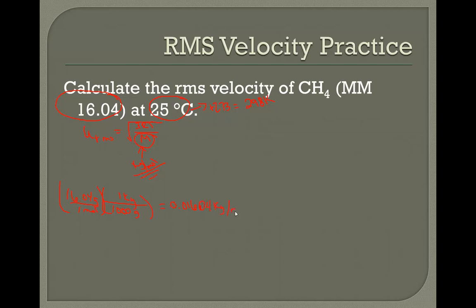So let's take a look at our equation. 3, and we're going to use that new 8.31 joules per mole kelvin, because it has to be related to joules rather than atmospheres, times the temperature, 298. The kelvins cancel.